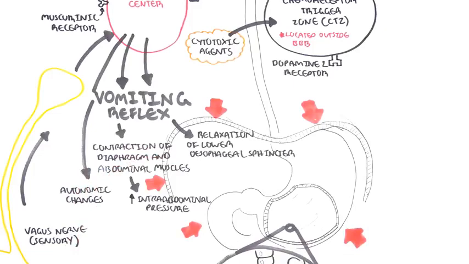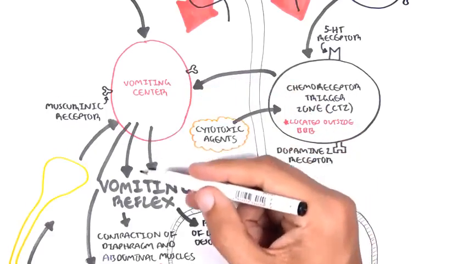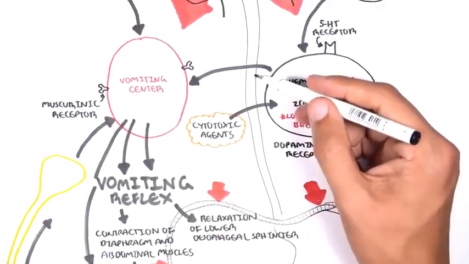The vomiting reflex also causes the epiglottis to close at the top part because we don't want food to travel down to the lungs. And once the vomiting reflex does all these things, then the expulsion of food can happen.